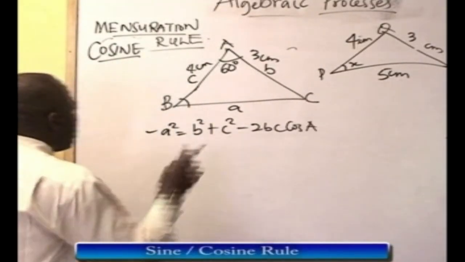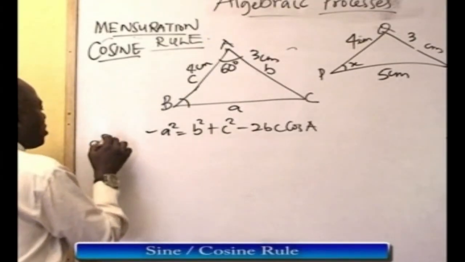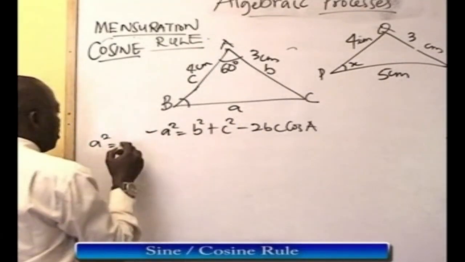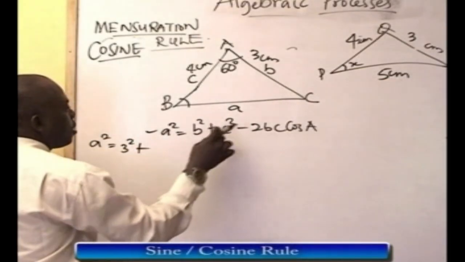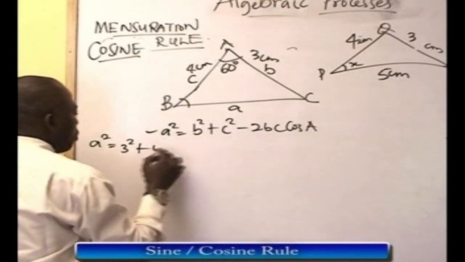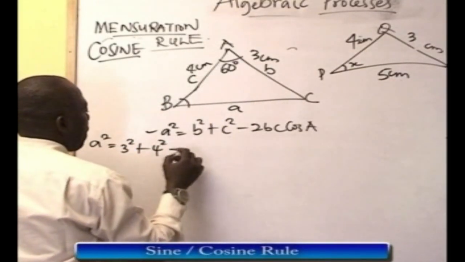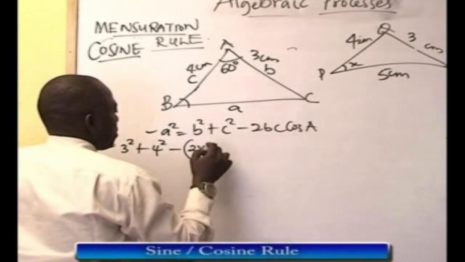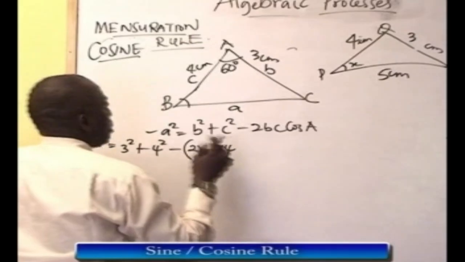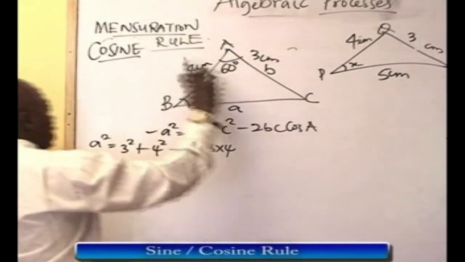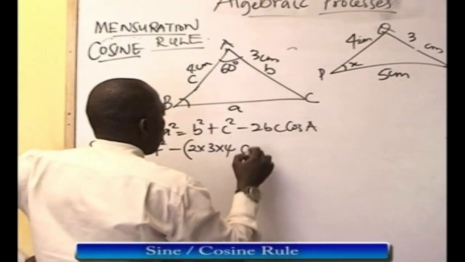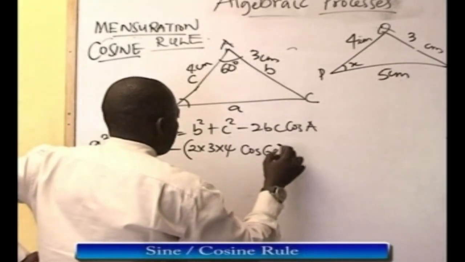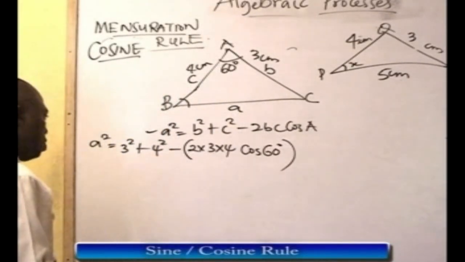So a is unknown, so you write a squared. b is 3, so you have 3 squared. c is 4, so you have 4 squared. Minus, if I were you, I would open a bracket, 2 times 3 times 4, bc, the 3 and 4, and then cos 60, and I'll close the bracket.